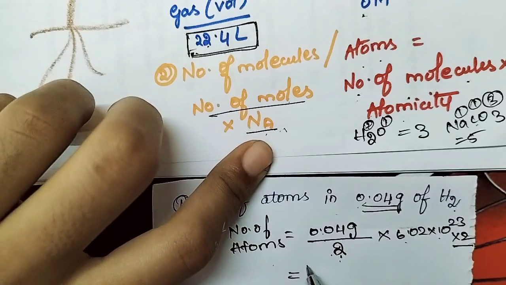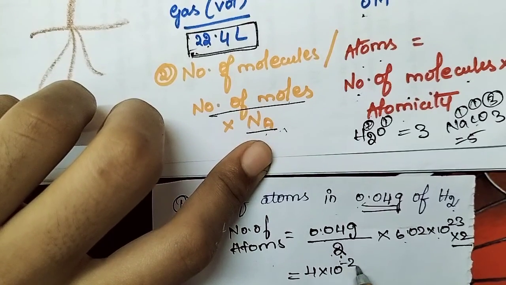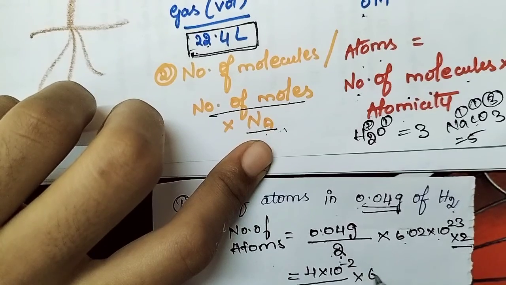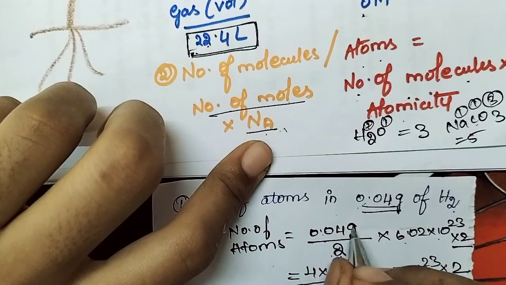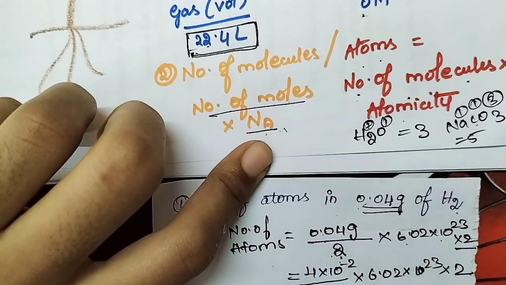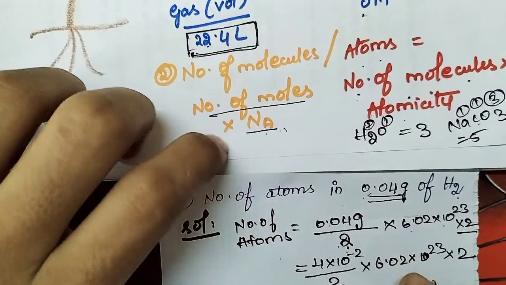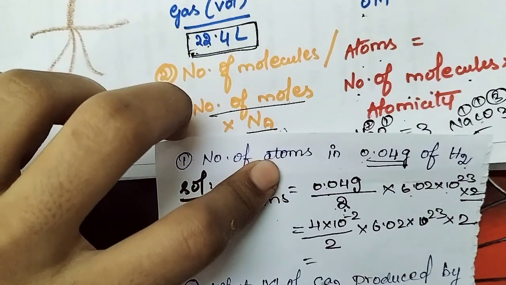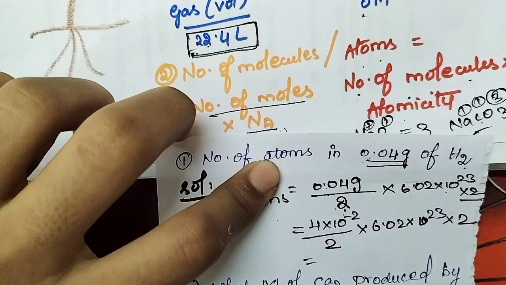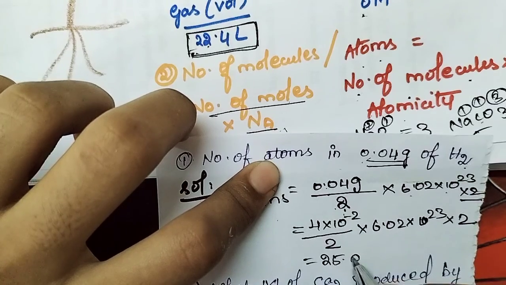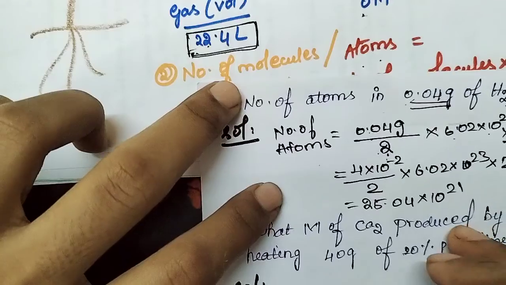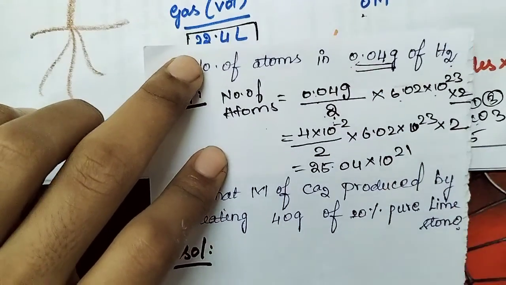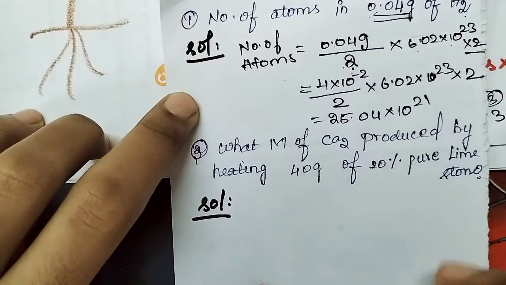Please try to simplify the sum, don't do it as it is, try to take it in powers of ten. If you do this, we will get the answer as 25.04 into 10 to the power of 21 atoms present in 0.04 gram of H2.